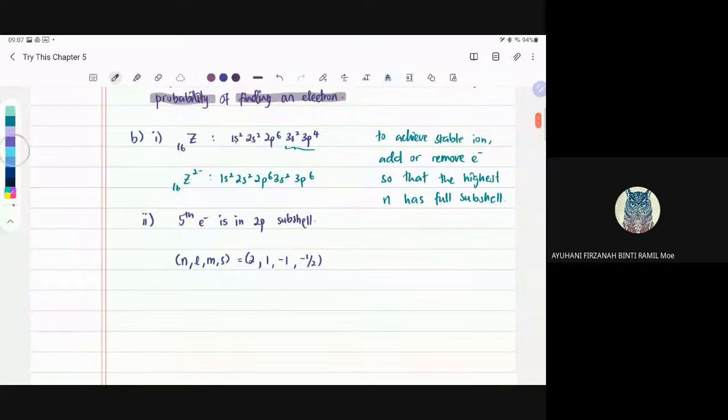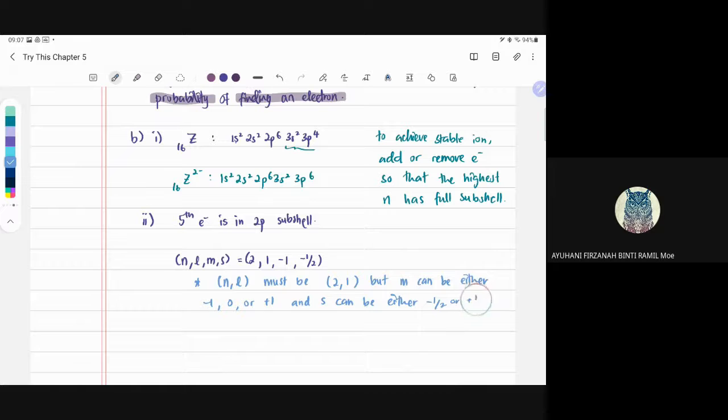So here, dekat sini your answer, N L must be 2, 1, but M can be either negative 1, 0, or positive 1, and S can be either negative half or positive half.